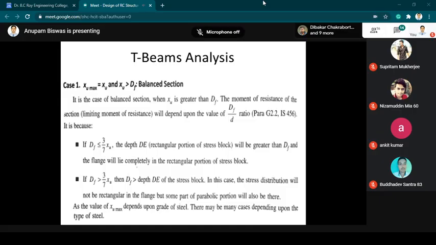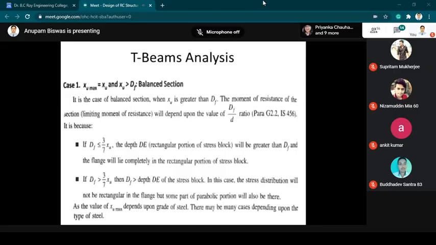I'm just repeating it again. We have seen case one, where the neutral axis is lying below the flange portion. For that case, we have two cases available. One is when XU max is equal to XU.